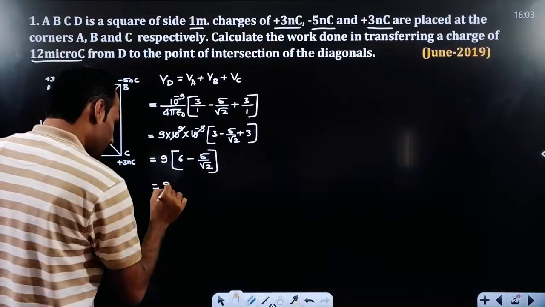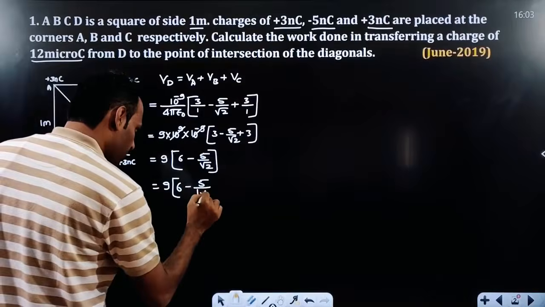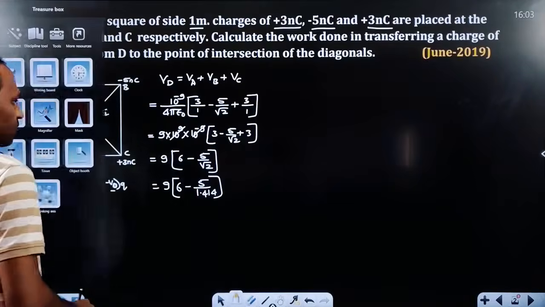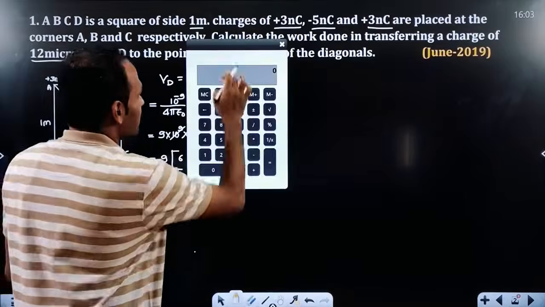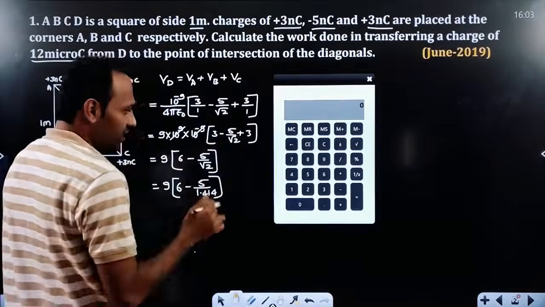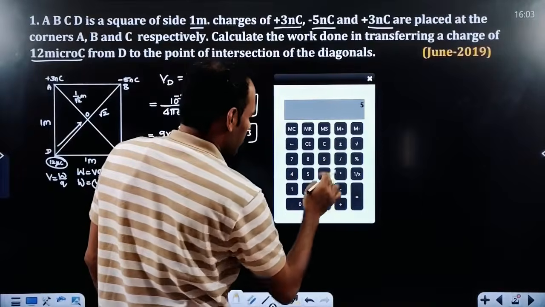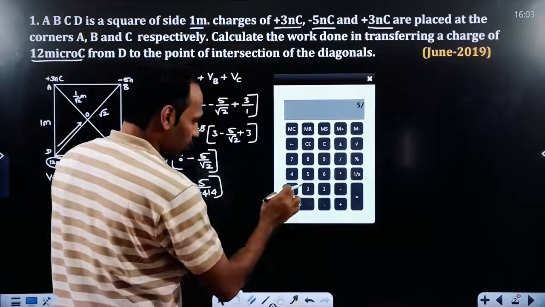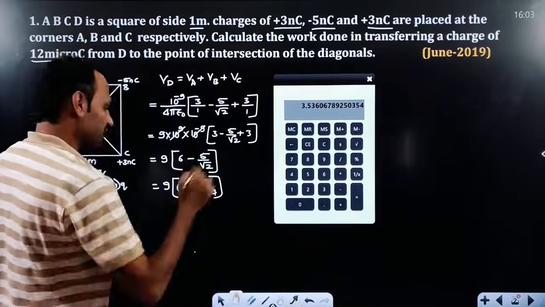Now 9 into the bracket 6 minus 5 divided by 1.414, root 2 is 1.414, so let us calculate this. We want 5 divided by 1.414, right? So this is 3.536.